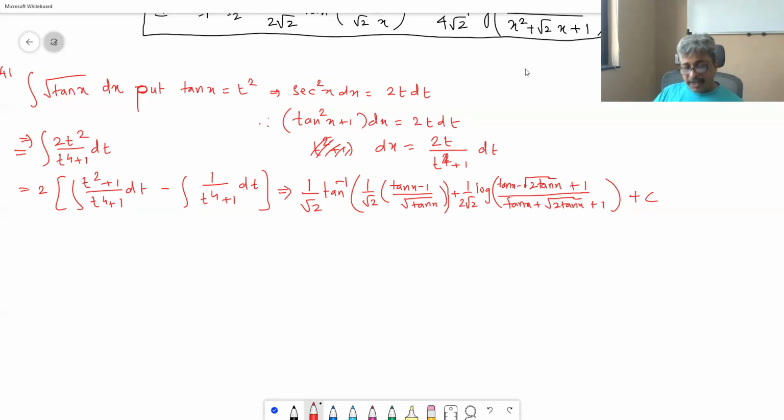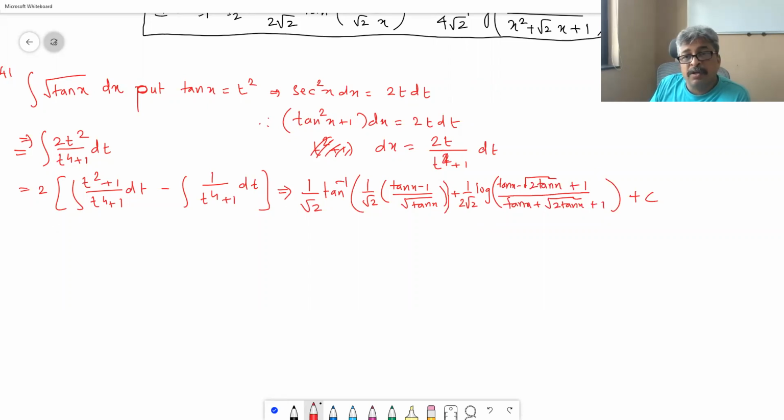Now, that is why integration is promising. Can you think of this being antiderivative of such a simple function radical tan x? I mean, nobody will dare to differentiate this, but if at all somebody starts doing it, eventually if all algebra, all derivatives, all chain rules are correct, you are supposed to get this reduced to root tan x.